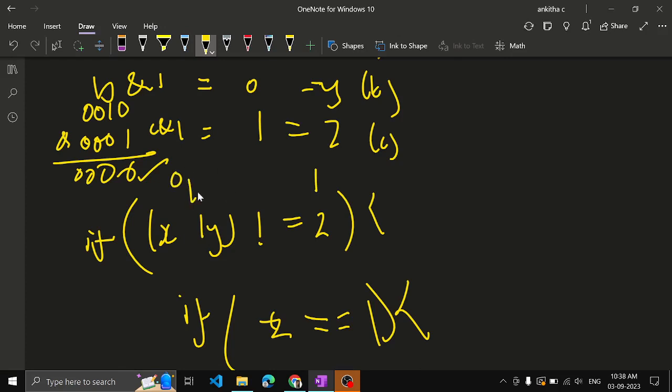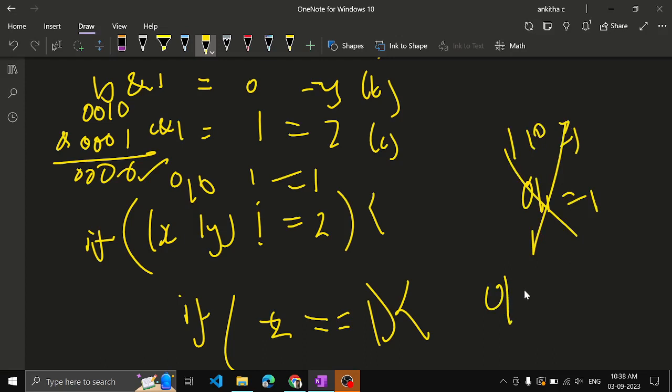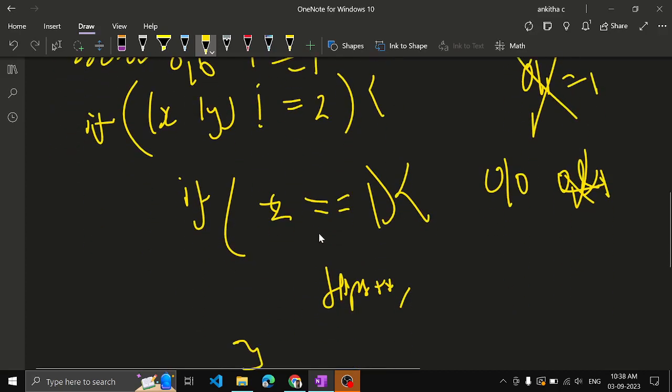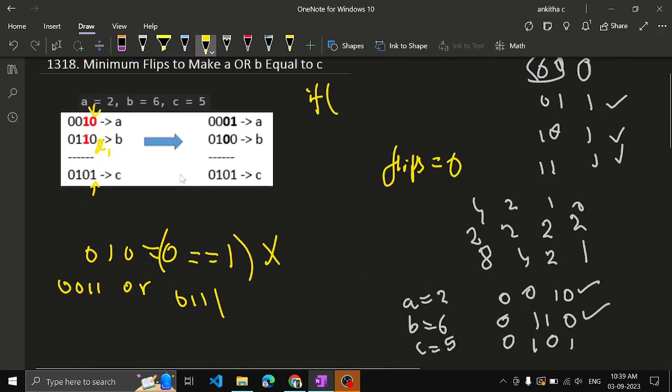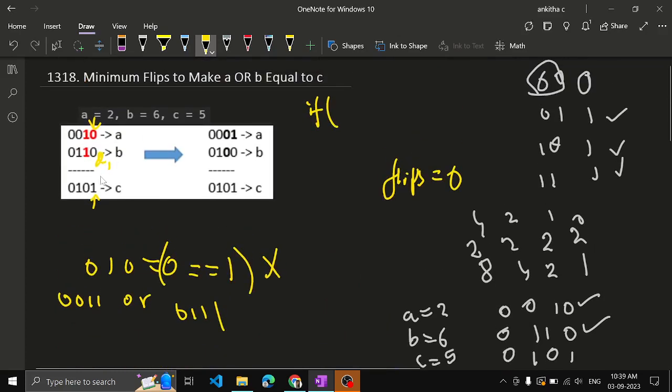If both of them are 0 only, then you will get it not equal to 1, right? If either of them is 1, then 1 OR with 0 will give you 1, or 0 OR with 1 will give you 1. So this won't happen. Only 0 OR with 0 will give you 0 and not 1. So in this case, you have to flip either of the bits to make the least significant bit of z as 1. Got it?